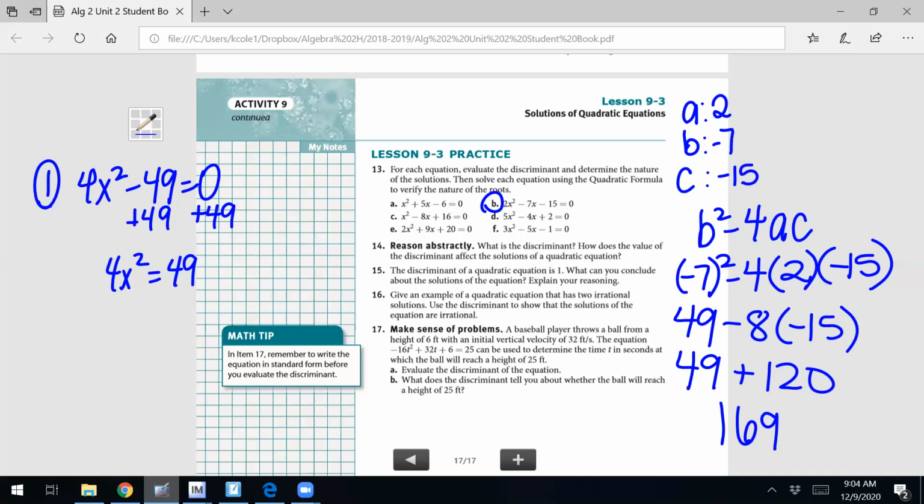So x squared equals, that's not good, but I'm not going to get the decimal. I'm going to leave it as 49 over 4. So then I take the square root of 49 and the square root of 4. So my answer is going to be x equals plus or minus, because remember, every time you do this, it's plus or minus. The square root of 49 is 7. The square root of 4 is 2.